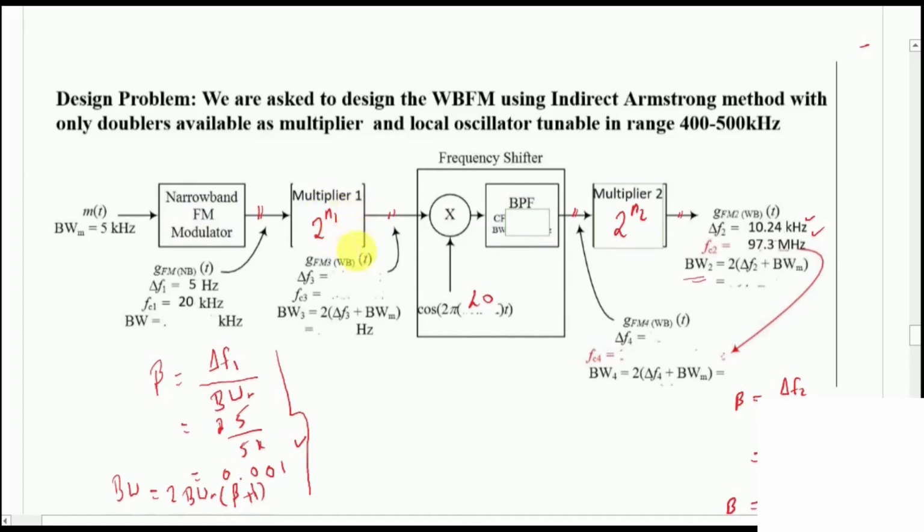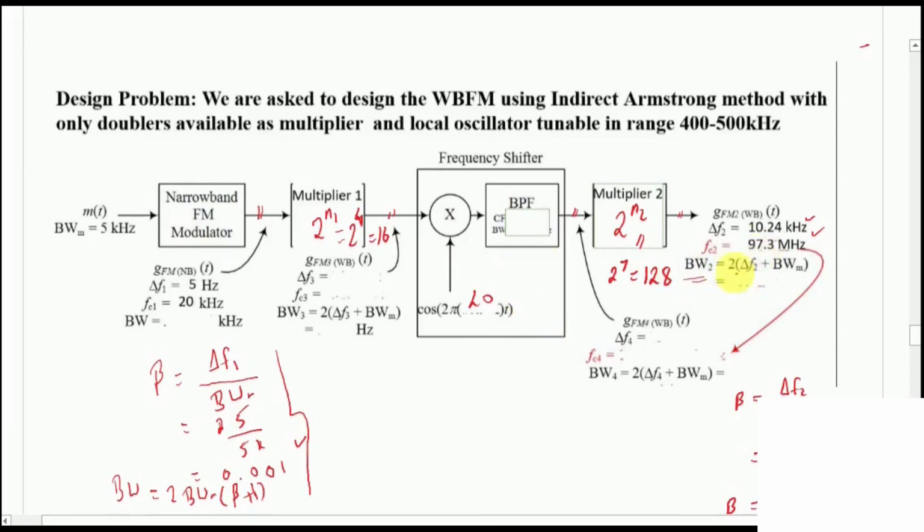So the first multiplier m1 would be actually equal to 2 power 4, and that is 16, and over here what we would have is 2 power 7, and that would be equal to 128, right?